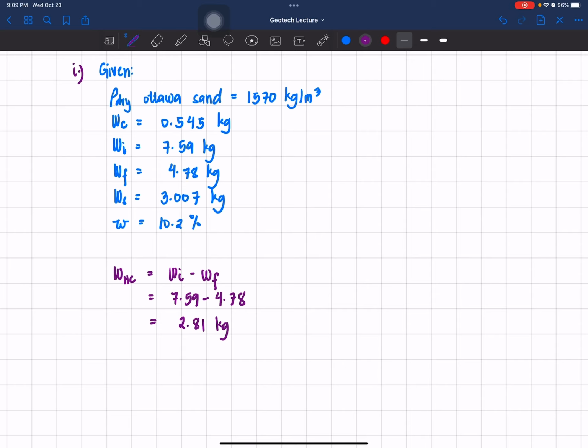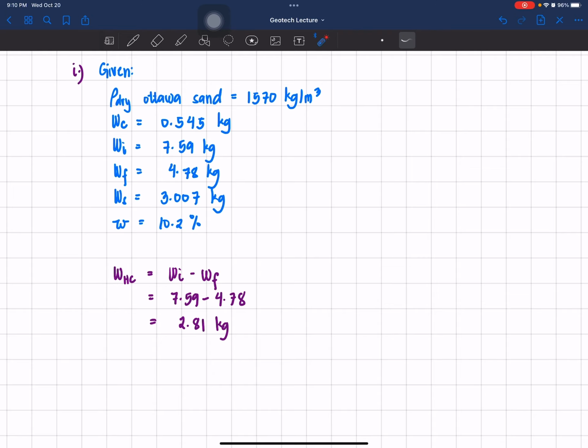Now, we have the weight of the Ottawa sand to fill the hole and the cone. The next thing that we're going to do is subtract the weight of the sand to fill the cone from this WHC. That will now give us the weight of the Ottawa sand to fill the hole.